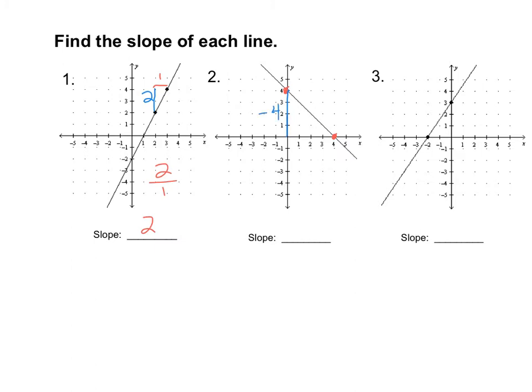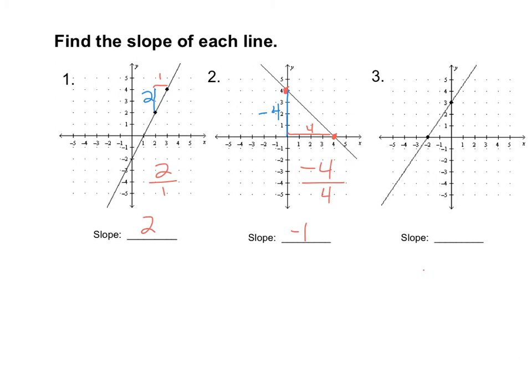Okay? And I've got a change in x right here of +4. And so I'm going to make a fraction of -4 over +4, which, if I plug 4 divided by 4 into my calculator, I'm going to get a 1. And I've got a negative divided by a positive, which is going to be negative. So my slope is -1.